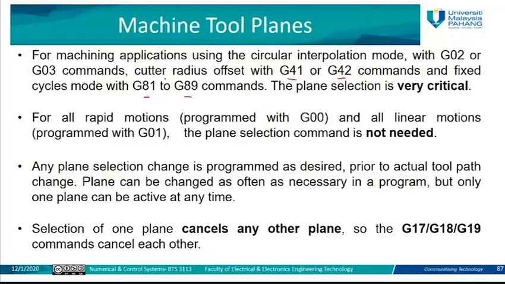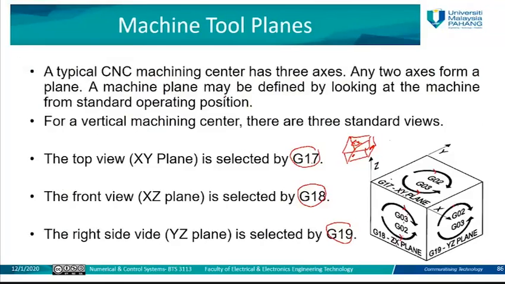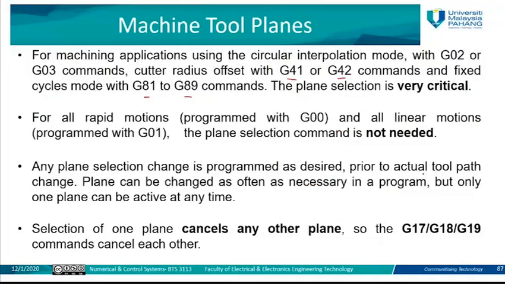The plane that we select with these three commands, 17, 18, 19, has a more critical effect on several codes only. For other codes, for example movement, there is no effect.